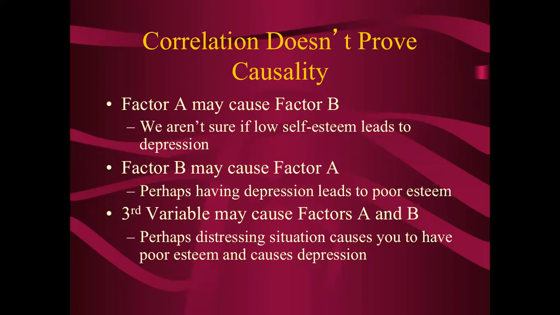I'll give you an example. There is a well-established correlation between ice cream sales and murder. So, is it people eating ice cream that is causing murder? No, that would be ridiculous.